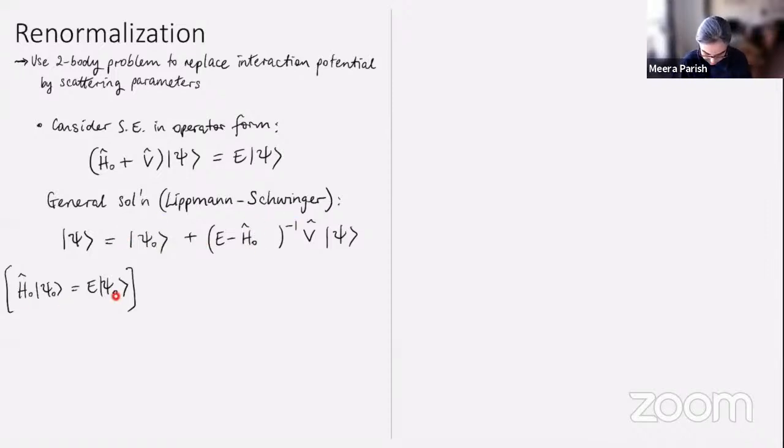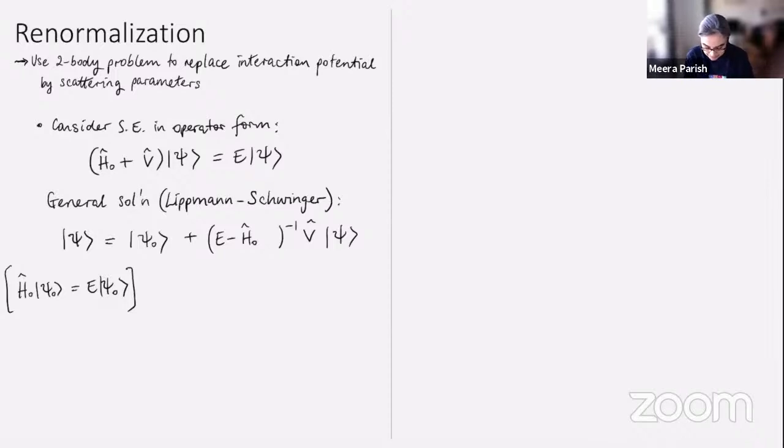It kills this term, right? Because I have this configuration, and I just end up with this equation again, where I've shifted this over onto this side, and I have the V on this side. So you can convince yourself that this construction satisfies this equation.